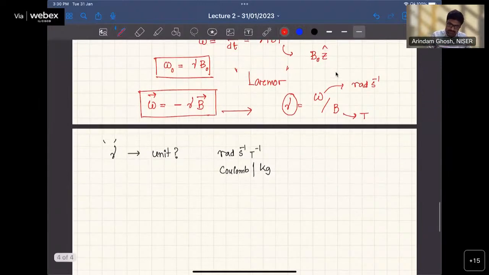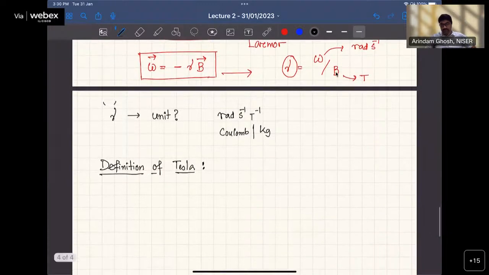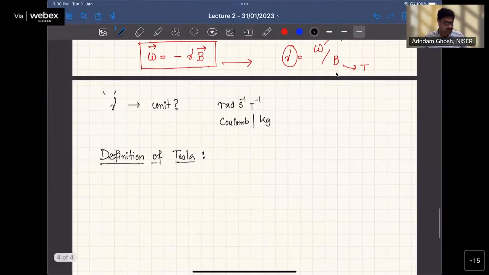For that, we need to understand the definition of Tesla. This is not the Tesla of the cars that we talk about a lot now. No, this is simply the magnetic field unit, one Tesla.